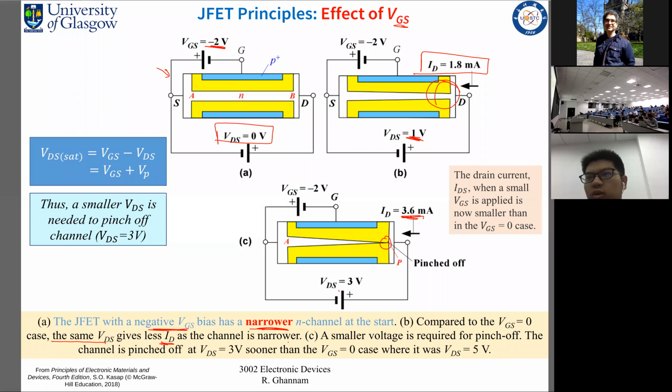In the past, if you remember, pinch off was achieved at 5 volts, so VP was 5 volts. In this case, when VGS equals minus 2 volts, VP equals 3 volts.